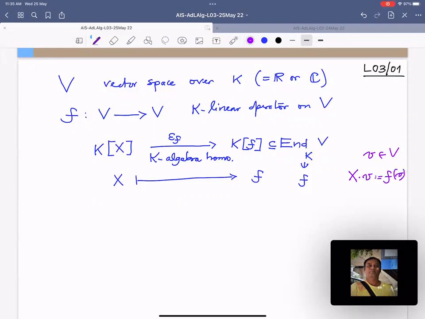With that, it becomes a module over K[x], and because this polynomial ring is a PID, we have the structure theorem of finitely generated modules over a PID, and then one uses that to study things about linear operators. That is how it is done in the standard approach.